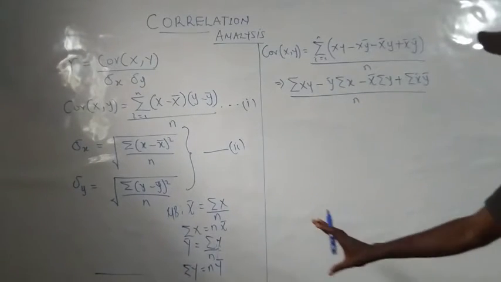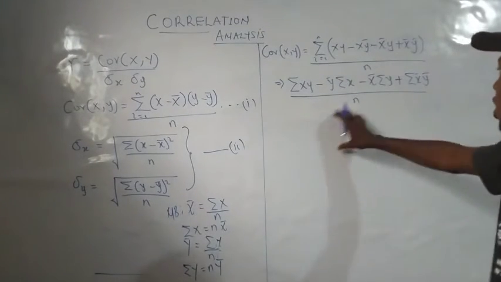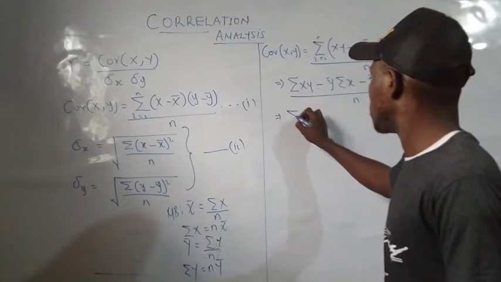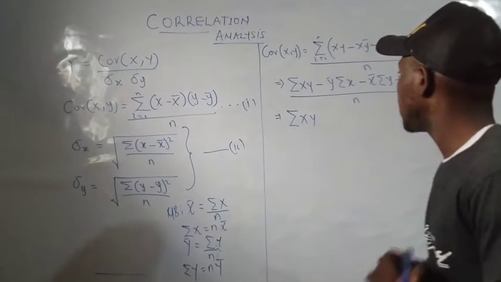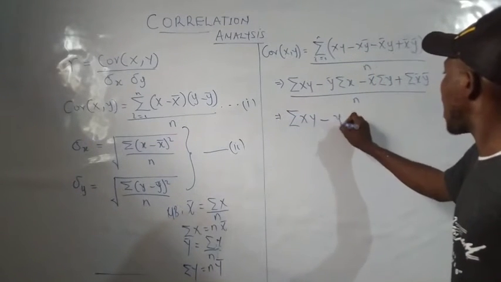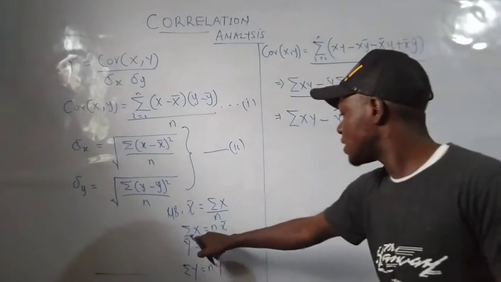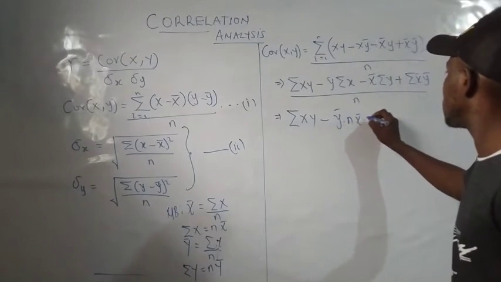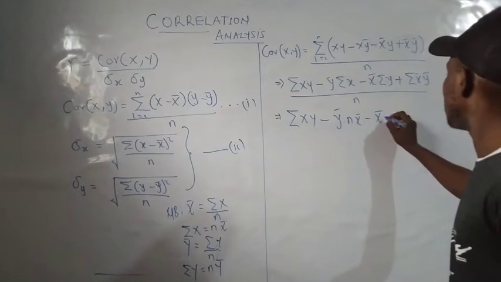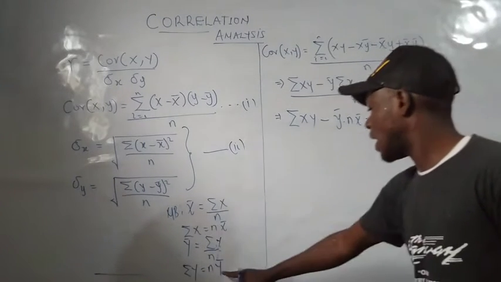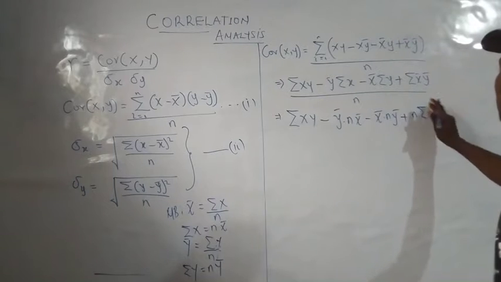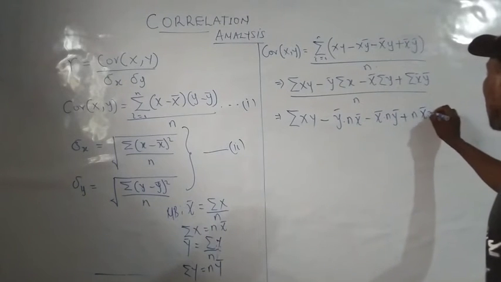So from here, you can easily fix in the values. We have the summation of xy, minus y bar, and our summation x is actually n x bar. So I have it to be n x bar minus x bar, n y bar, like I have here, then plus the summation of n x bar y bar.